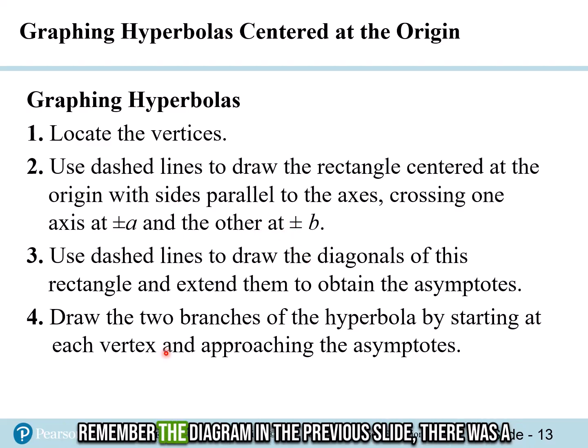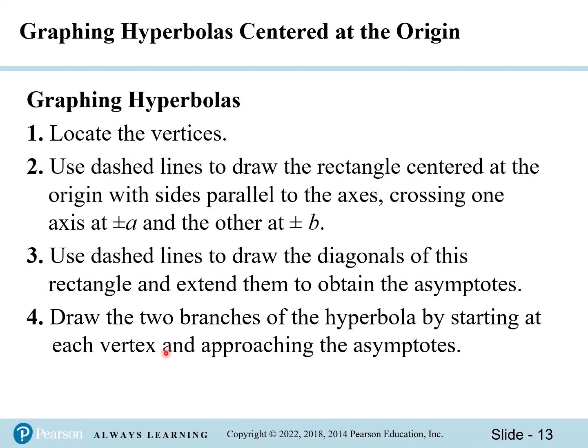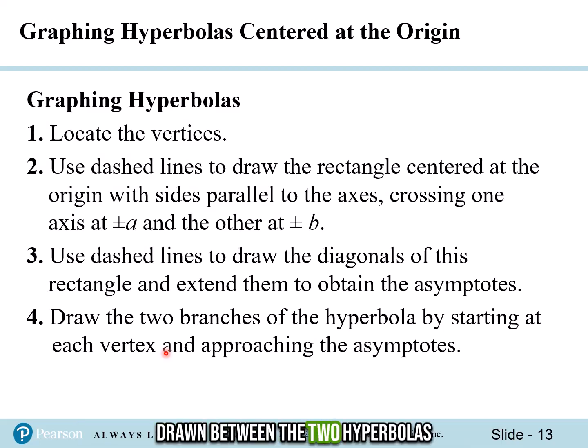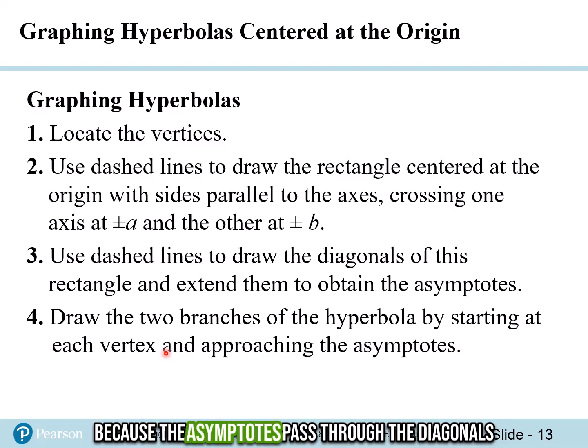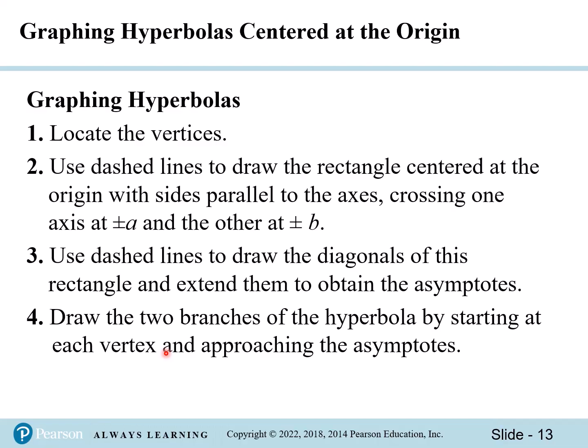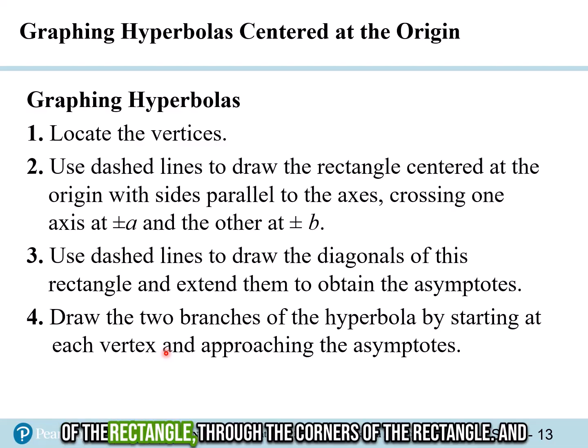If you remember the diagram in the previous slide, there was a rectangle drawn between the two hyperbolas in each of the graphs, and we will use that rectangle to draw the asymptotes because the asymptotes pass through the diagonals of the rectangle, through the corners of the rectangle.